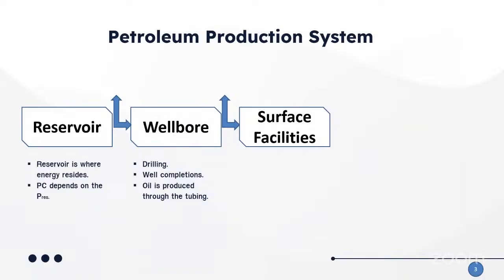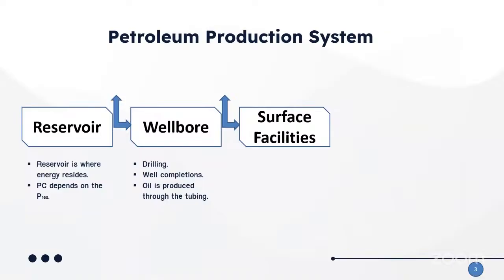Then is where completion comes into play, where we insert a lot of accessories which will help us bring this oil to the surface. This comprises tubing, safety valves, mandrels, packers, and a lot of the like.